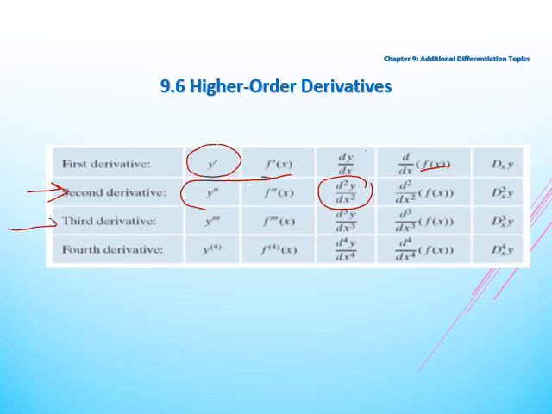Also, the third derivative may be written as y triple dash, or f triple dash of x, or d to the power 3 y over dx to the power 3 for f of x. Note this format because the question may use one of these forms.